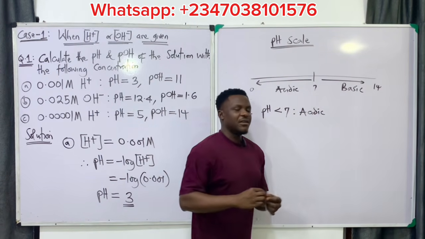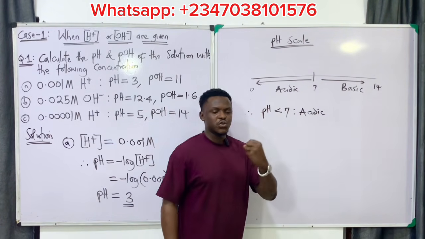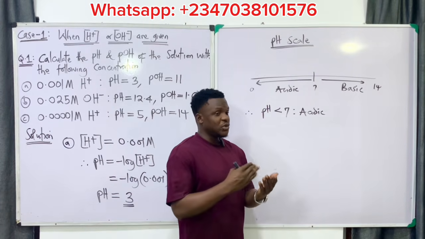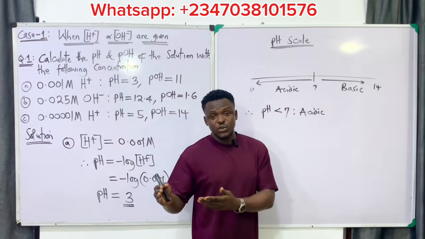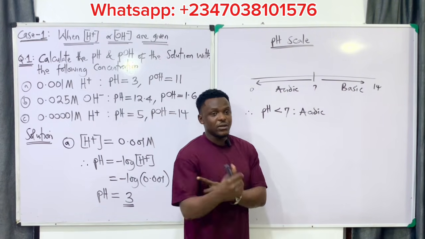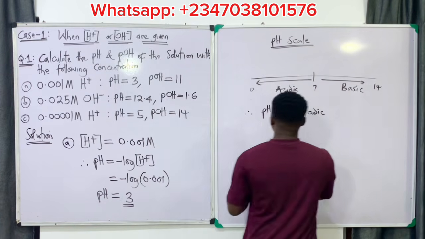The smaller the value of the pH, the stronger the acid. A pH of 1 is stronger than a pH of 2. That means if a solution has a pH of 1 and another has a pH of 2, the one that has a pH of 1 is more acidic than the one that has a pH of 2.